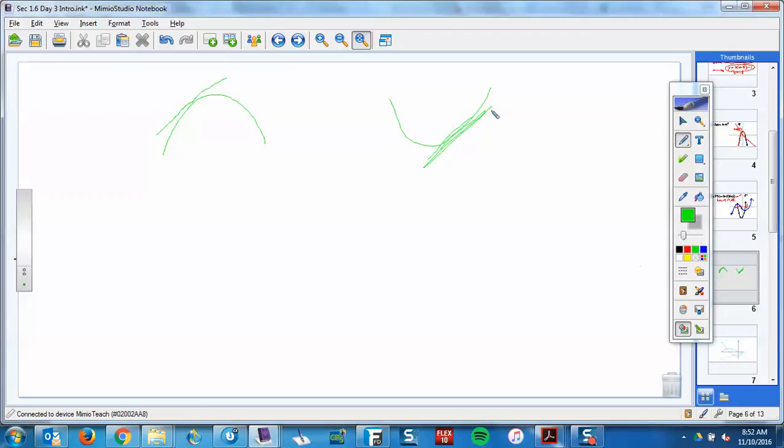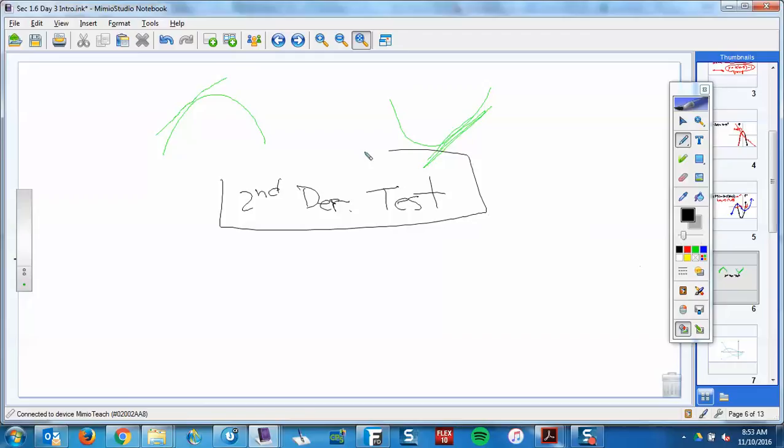So concave down, tangent line's above, concave up, tangent line's below. So they make that note. There's something called the second derivative test. I just want to make a comment about that, and then we're going to do a couple of your homework problems here together as it relates to that.